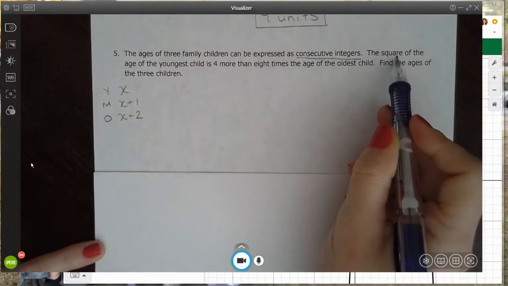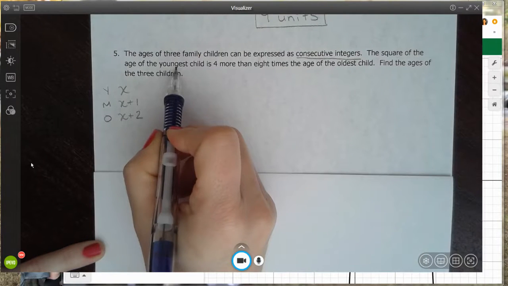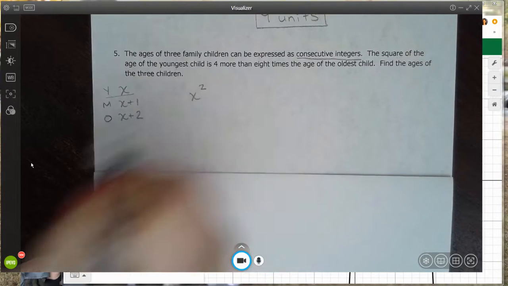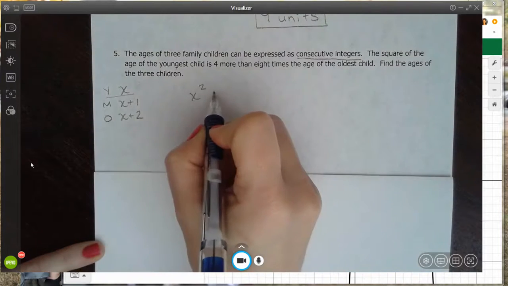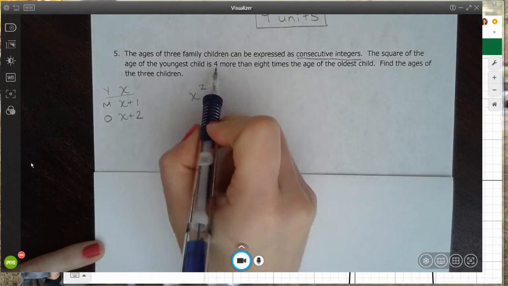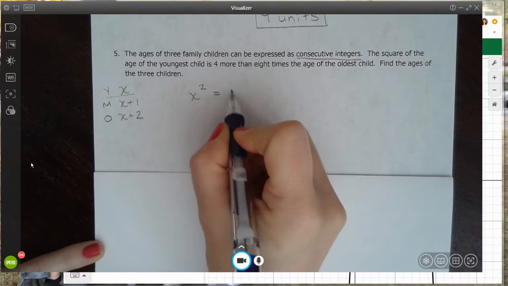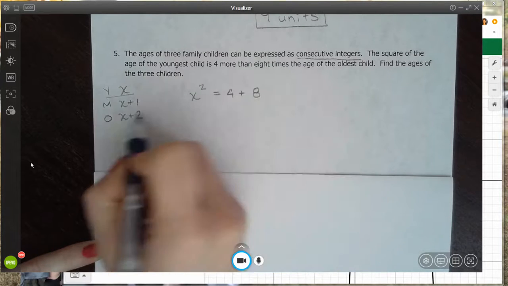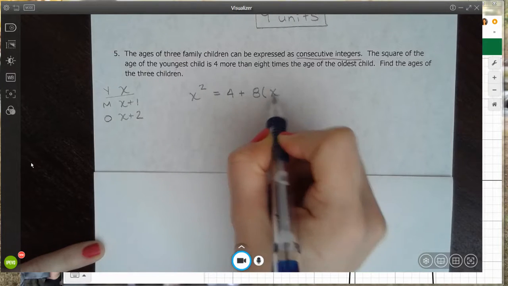So the square of the youngest child, so that would be this one, the square of the youngest child is 4 more than 8 times the age of the oldest child.